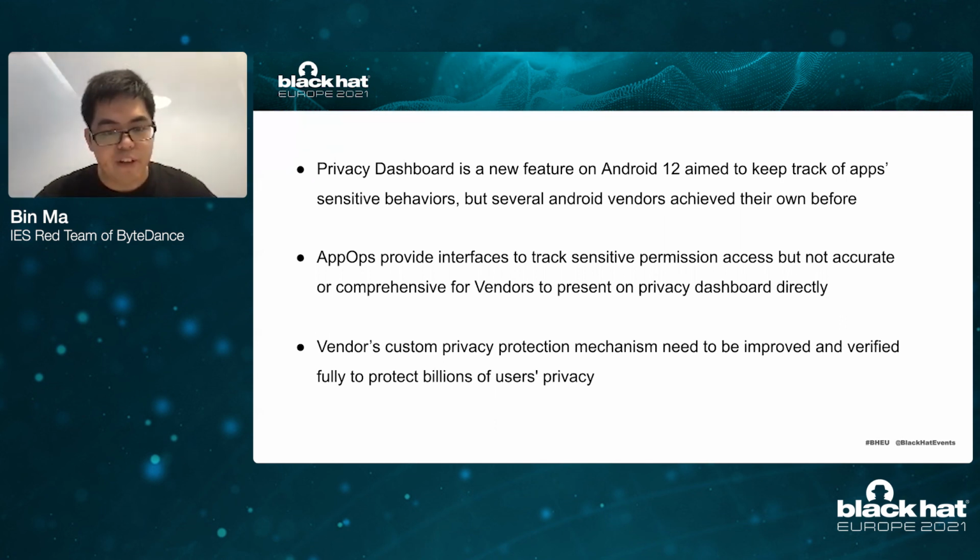AppOps provides an interface to check sensitive permission access, but it is not accurate or comprehensive enough for vendors to present on the privacy dashboard directly. Vendors' custom privacy protection mechanisms need to be improved and fully verified to protect billions of users' privacy.